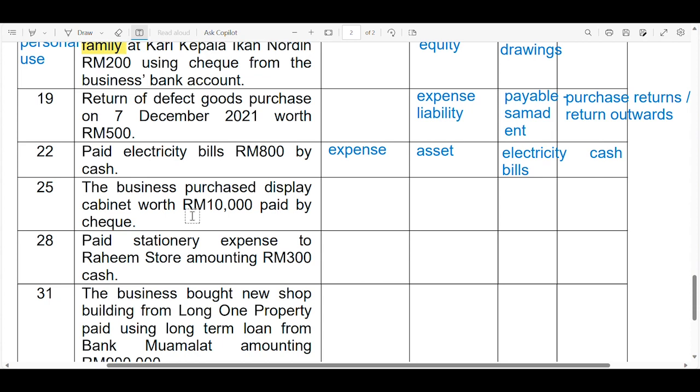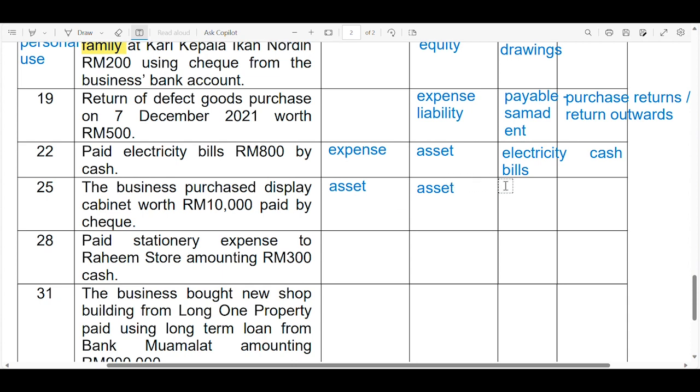So display cabinet is an asset. Now the business owns a display cabinet, meaning that there's an increase in the asset of the business. And the business paid by check, so at the same time there will be a decrease in the asset due to the payment for the display cabinet.